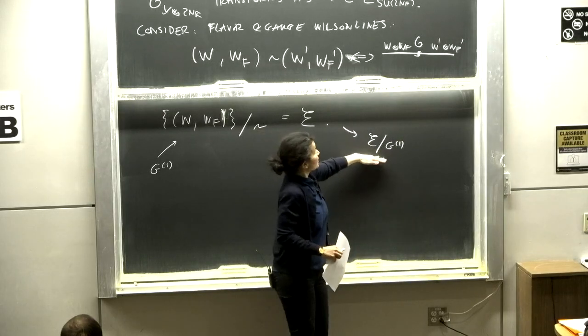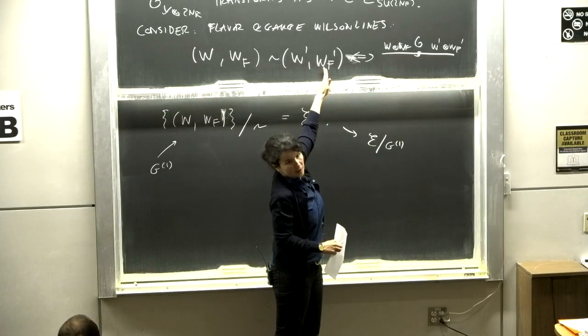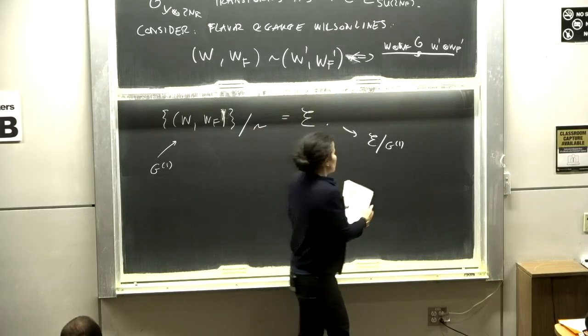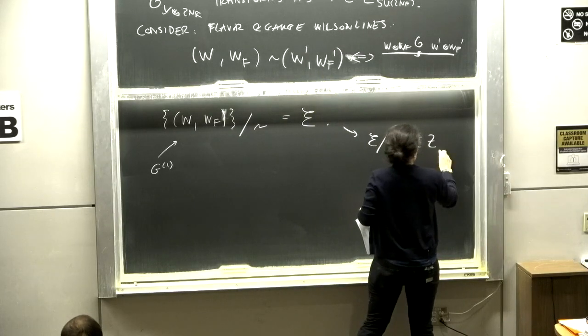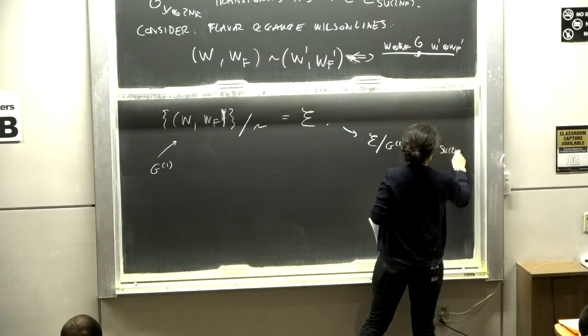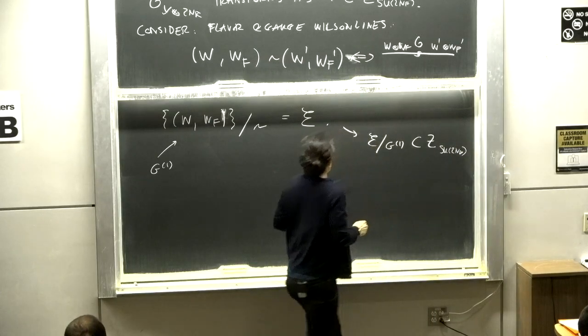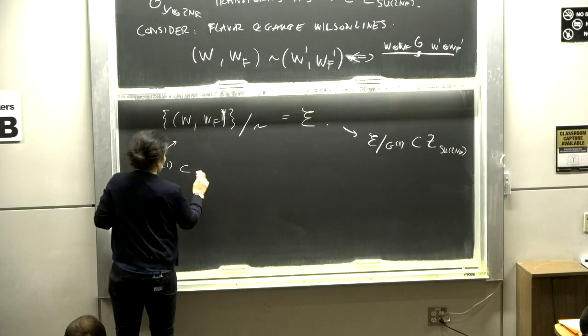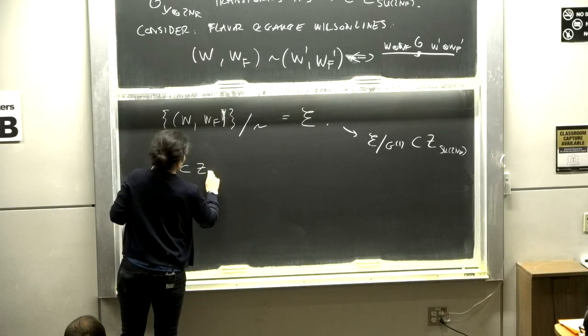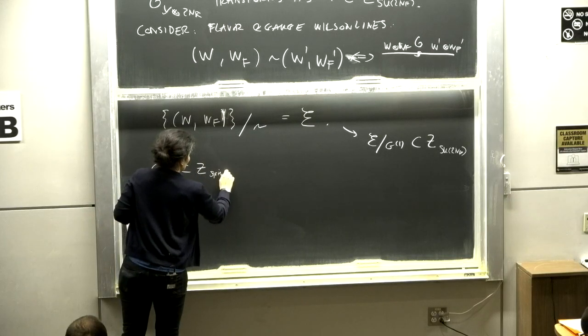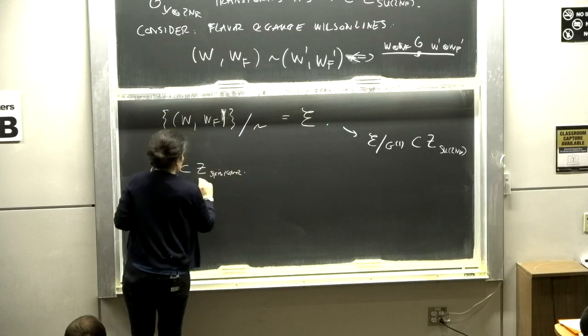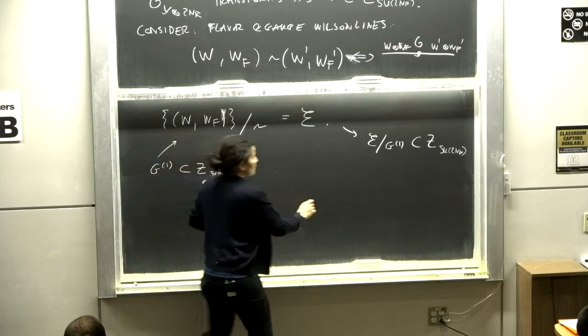And this will now sit purely in the center of the flavor symmetry. So this will be part of the center of this SU(2NF) flavor. Right? This was part of the Z gauge. This is gauge, and this is flavor.